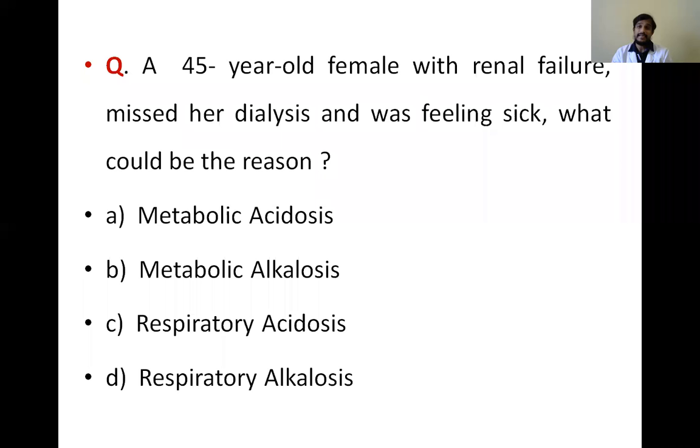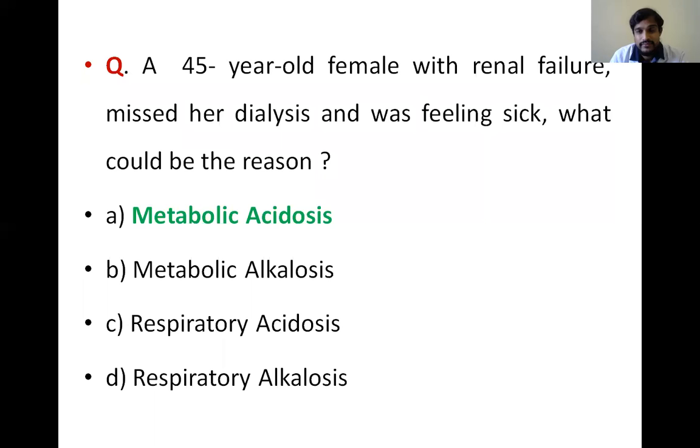So acids will accumulate, which leads to acidosis, and the cause is metabolic, because the defect is in the kidney. So the answer is metabolic acidosis. I hope you understand the biochemical rationale and biochemical mechanism in all these different diseases.